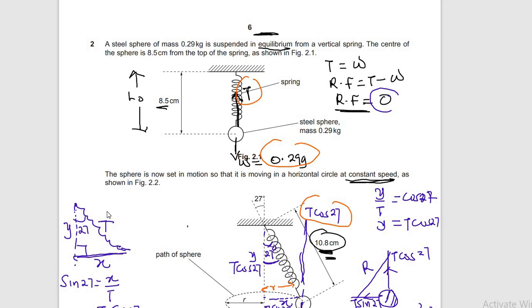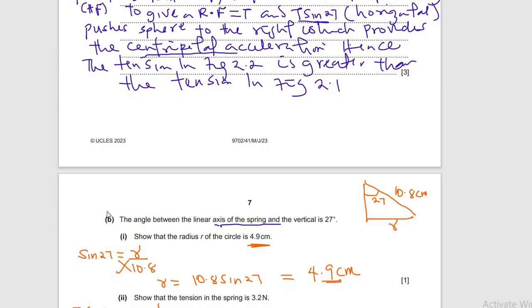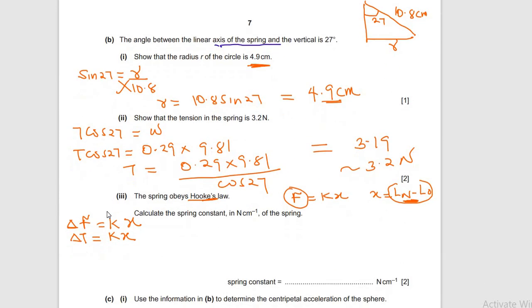And the new tension, when it's displaced in motion, what's our new tension? Our new tension is 3.2 Newton. So the change in force is 3.2 minus the weight, 0.29 times 9.81. That's the change in tension.